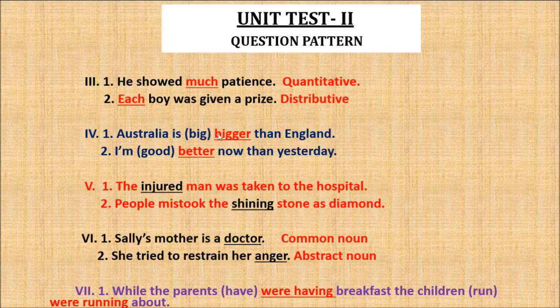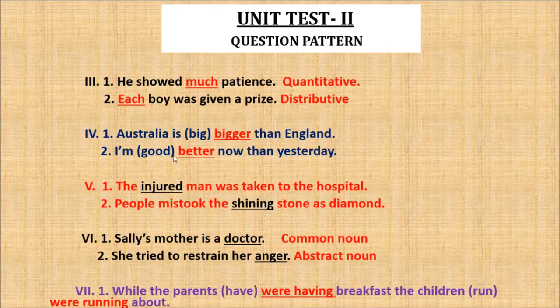Australia is dash than England. There are two countries we are comparing here, so bigger. I am good dash now than yesterday. We are comparing only between two time periods, the present time with the past time. We are not comparing with a number of days. So er comes, but we can't use gooder.